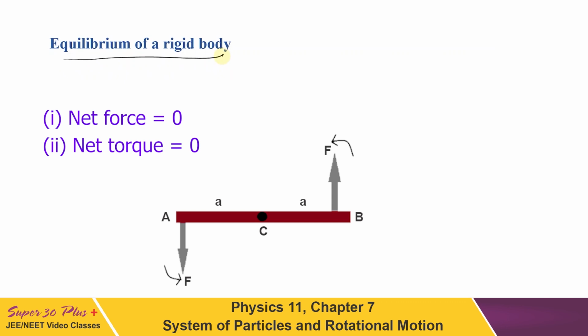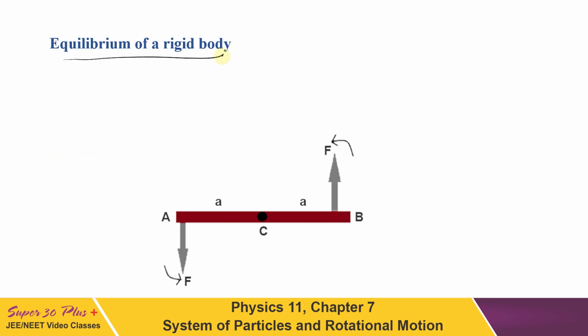In other words, we can say that a rigid body is said to be in mechanical equilibrium if its linear momentum as well as angular momentum are not changing with time. Because if force is not acting, linear momentum conservation can be written, and in the same manner when torque is not acting, we can write conservation of angular momentum.